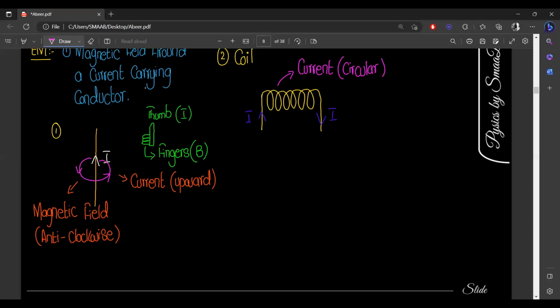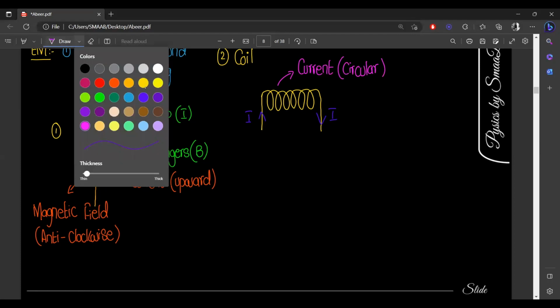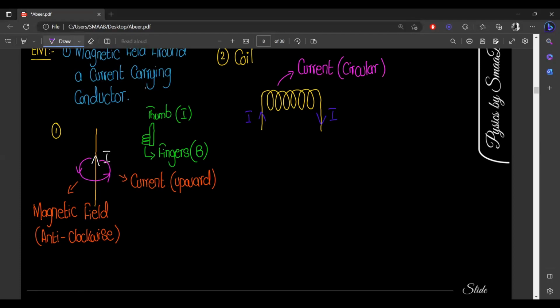Yes, again you need to use a right hand rule, but there is some difficulty over here in finding the direction of electric current, because electric current is moving in a circular path. Using our thumb and the same right hand rule we discussed in the first example will not be enough, because current is continuously changing its direction. If we consider this path, current is moving in downward position and in upward position from the back of the coil.